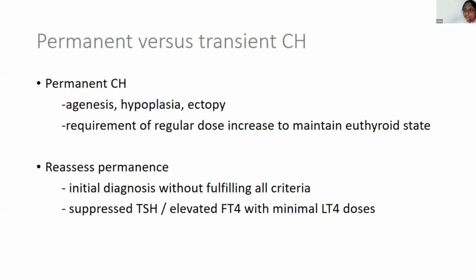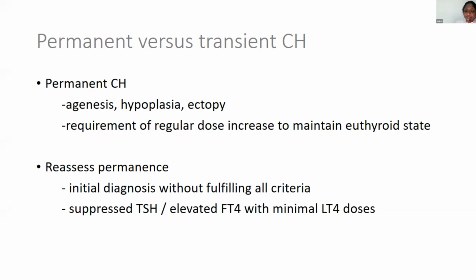Permanent versus transient congenital hypothyroidism. We know that agenesis, hypoplasia, and ectopia is permanent. And even dyshormonogenesis which requires a regular steady increase in dose to maintain euthyroid state, we do not consider it to be transient or give a trial off.